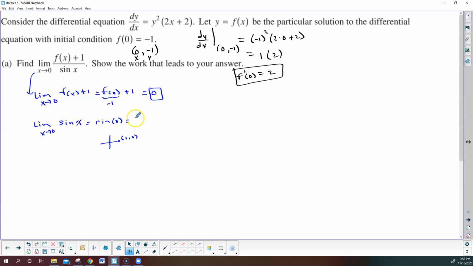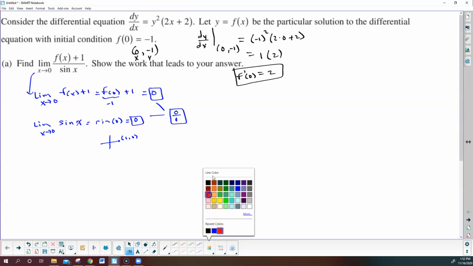Sine is the y value. So I end up with 0 over 0. Okay, so pretend that says 0 over 0. But that's our sign. We don't like that.